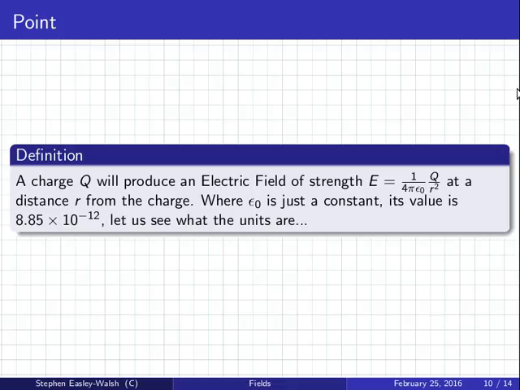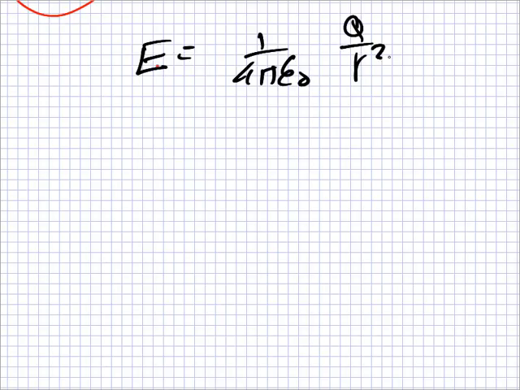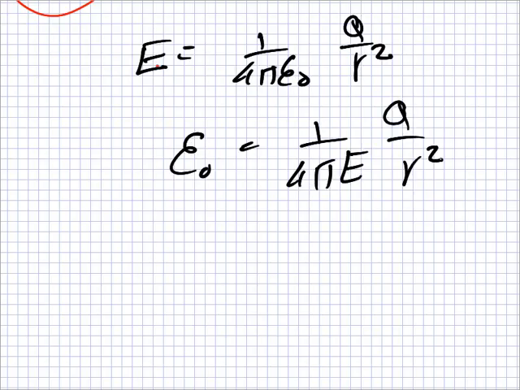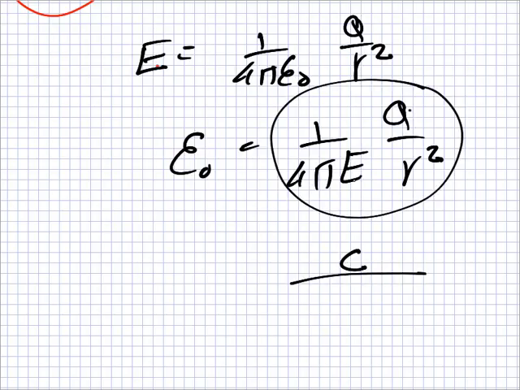Let's work out the units for epsilon 0. If E equals 1 over 4 pi epsilon 0 Q over R squared, then epsilon 0 is 1 over 4 pi E Q over R squared. So the units: on the top I have coulombs, on the bottom I have newtons per coulomb, and this one here is meters squared.